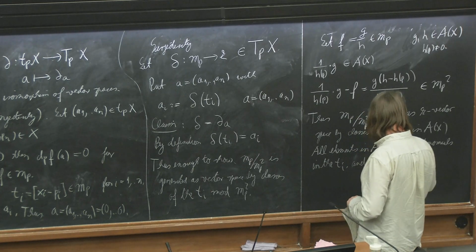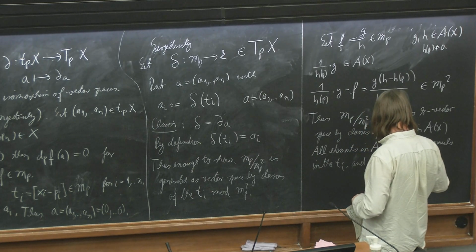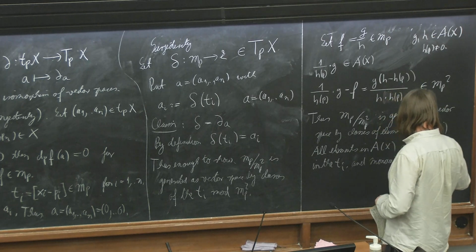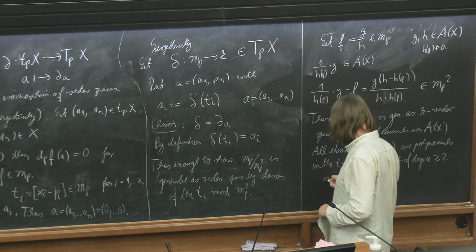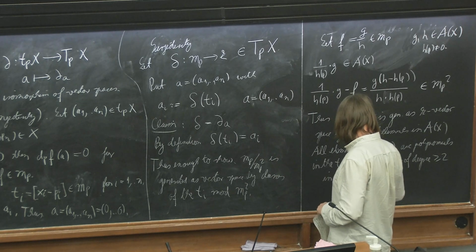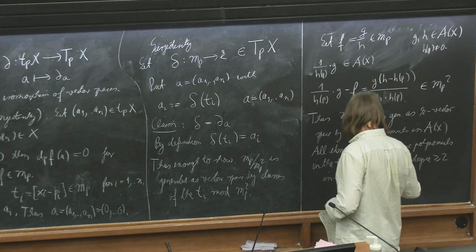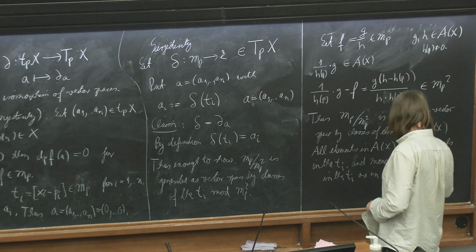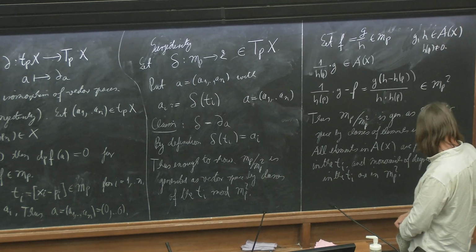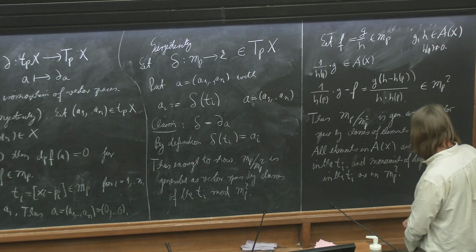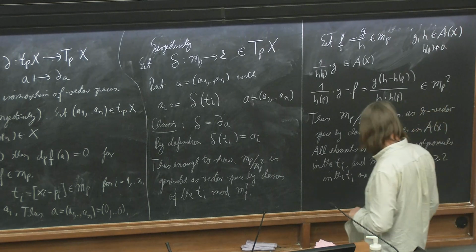And monomials of degree bigger or equal to 2 in the Ti are in MP squared. So therefore, as a vector space, MP modulo MP squared is generated by the classes of Ti.